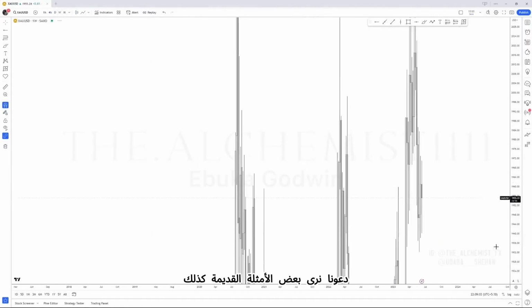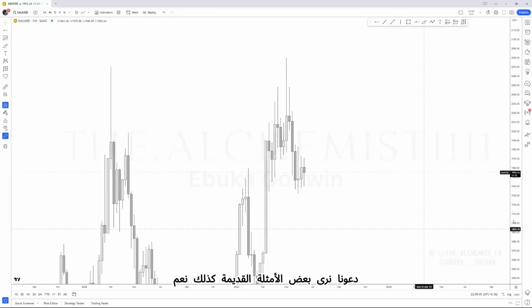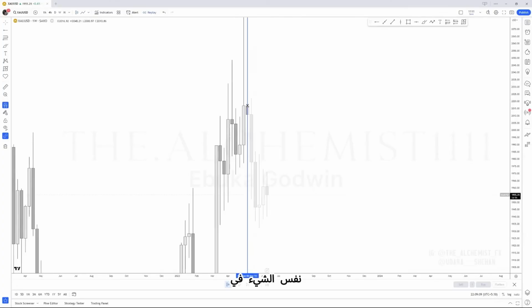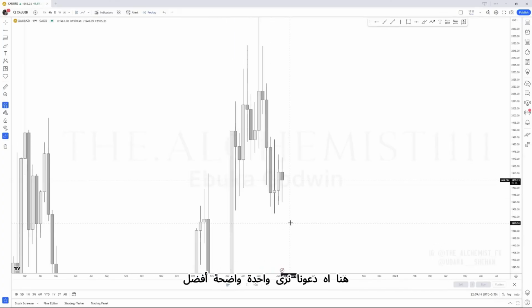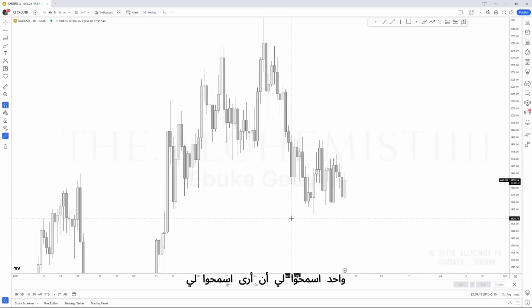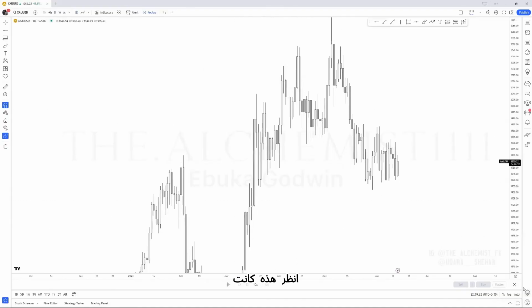Now let's see some old examples as well. Yeah, look at this one. Same thing in here. Let's see a clear one, a better one. Let me see. These were consolidations.